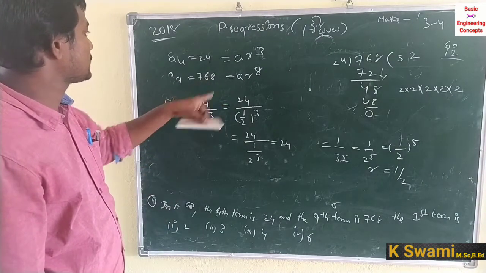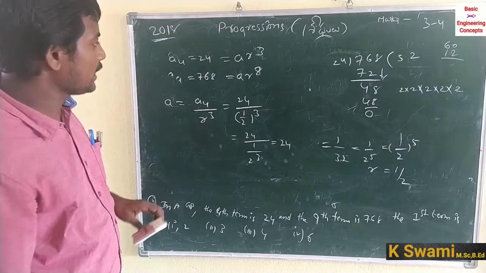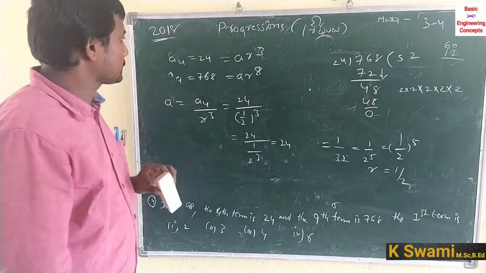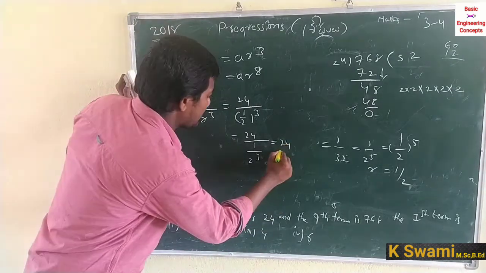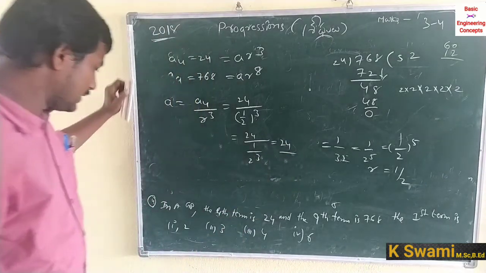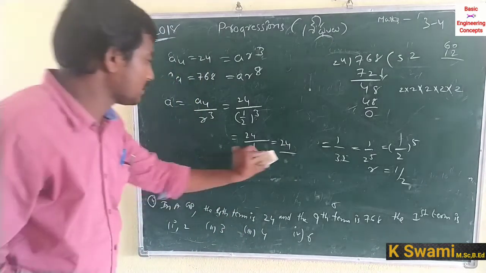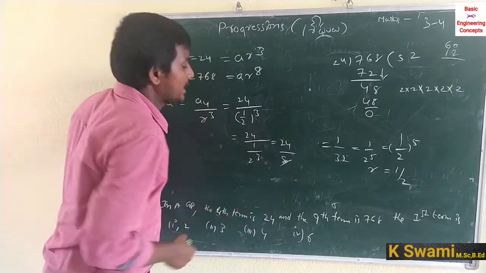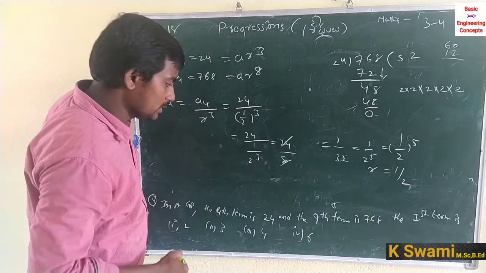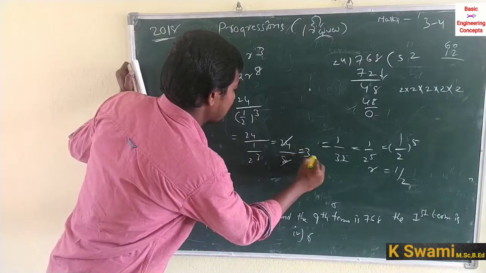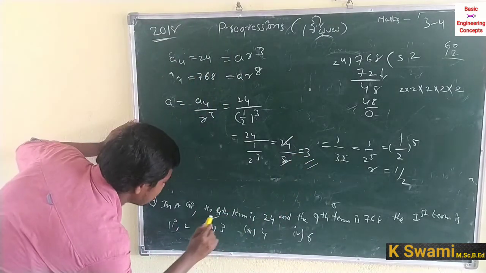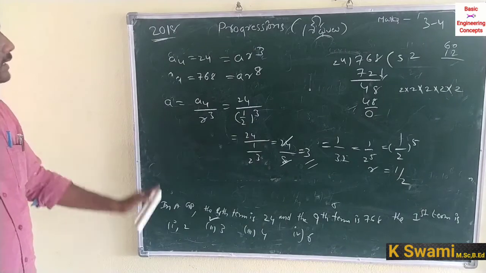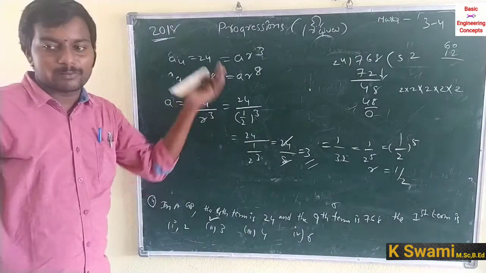Sorry, a is equal to 24 by r cube, okay, so 24 by 2 cube means 8. So 8 3s are 24. The correct option is 3. This question is from 2018 from progressions.